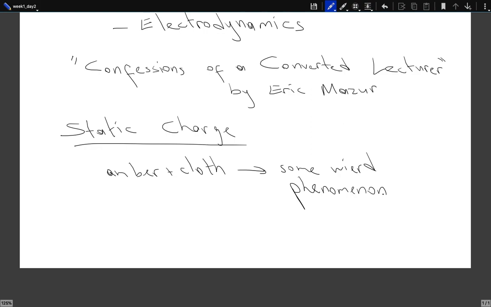Okay, experimentation is mainly changing certain parameters in your experiment. So here we have one experiment, amber plus cloth. You have some phenomena. What can you change in your setup?